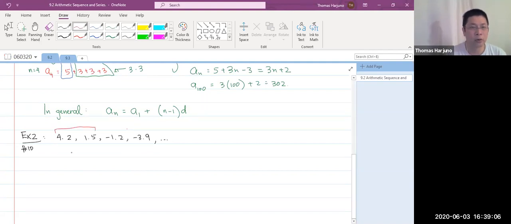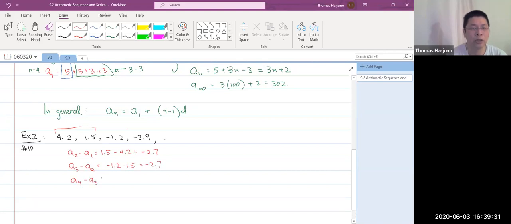So a2 minus a1 is 1.5 minus 4.2, I think that's negative 2.7. Now do likewise for the next consecutive terms, like negative 1.2 minus 1.5. Are they the same? In this case, they are the same. Just to check.